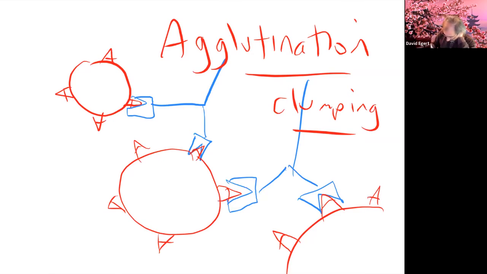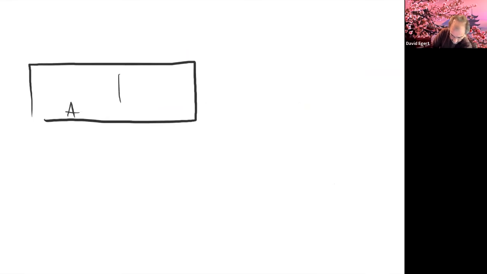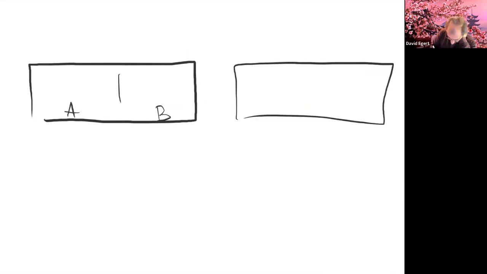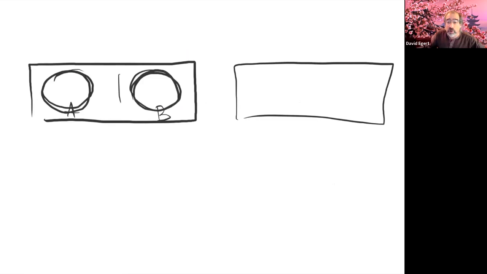So if I take my blood, the way you usually do it is take a slide, label one side A, one side B, and have another slide, which is going to be for Rh. And typically you use a wax pencil to make a nice circle to keep the blood from going off the edge of the slide. You're going to put blood on it.